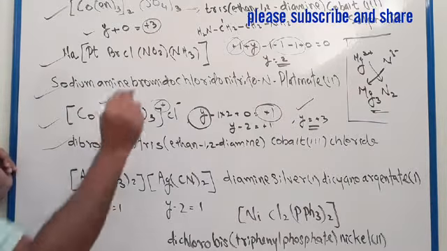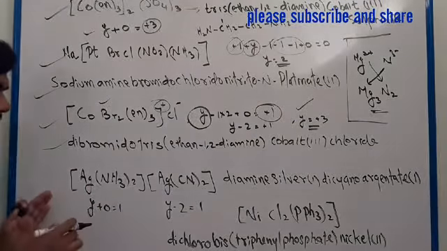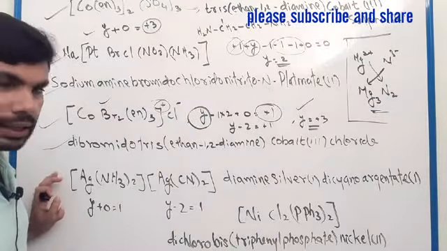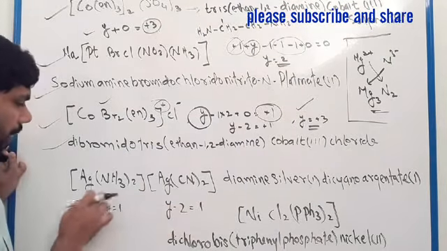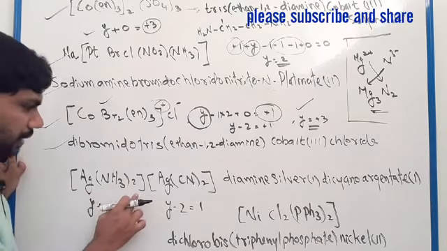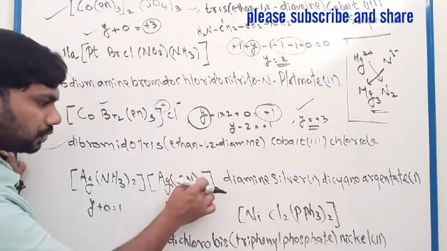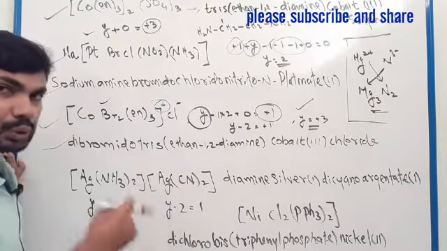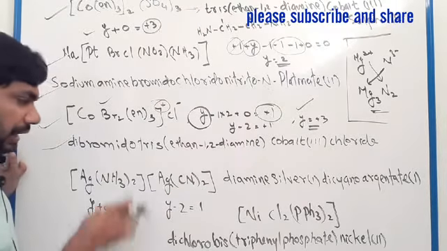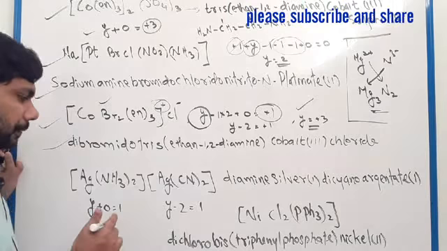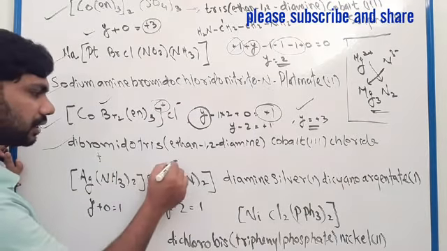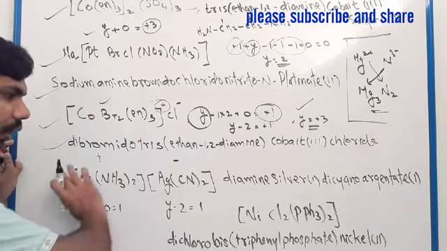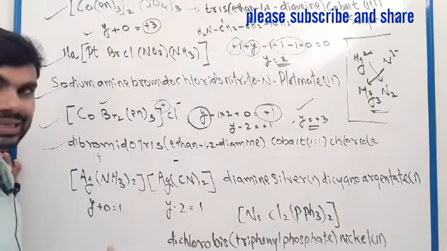Here, last example, two more examples. Let us check here. See here, this is one different coordination compound: Ag(NH3)2 and Ag(CN)2. Here there are two coordination entities. If there are two coordination entities, the first one is the positively charged part, the second one the negatively charged part. Overall charge will be 0.